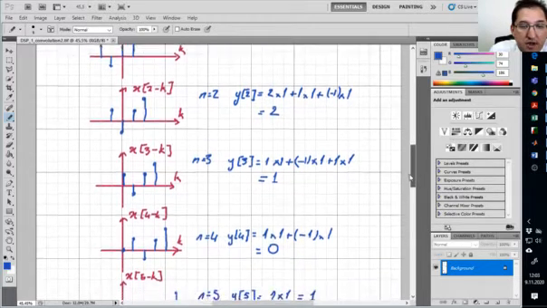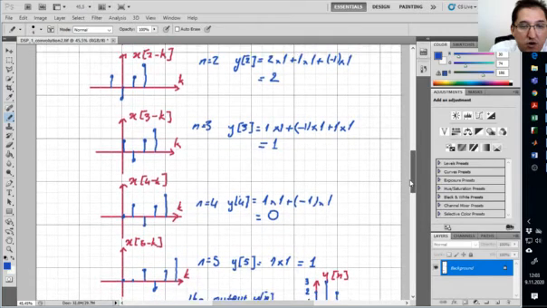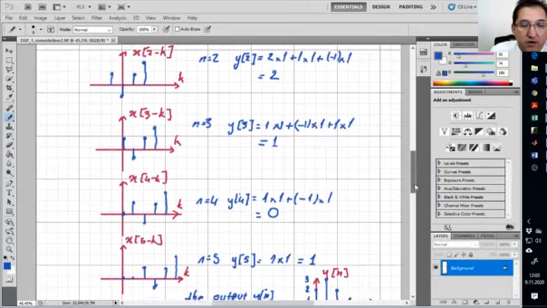We can multiply more here if we shift x to the right one more sample. This is for n equals 4, and we have y[4] here. This becomes 0, and 1, minus 1, and these two are multiplied by 0, and 1 times 1 and minus 1 times 1, we have 0 at the output at n equals 4.